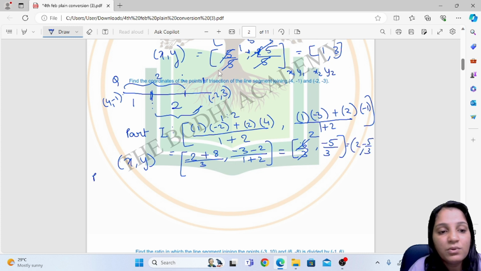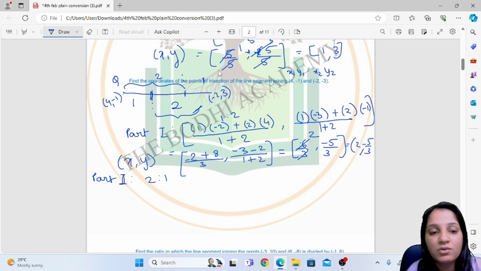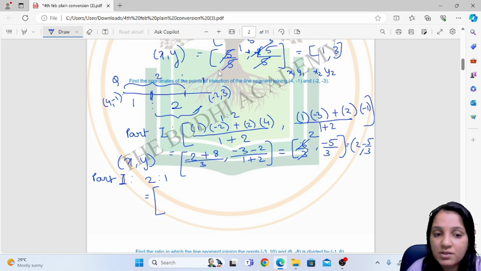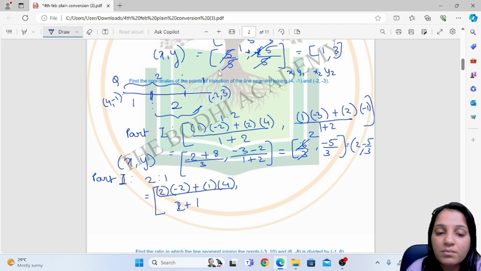And part 2 we will take 2 is to 1. m1, m2 we will take 2 is to 1. So first it is m1 x2, m1 is 2, x2 is -2, plus m2 here is 1 and x1 is 4, upon 2 plus 1, comma.